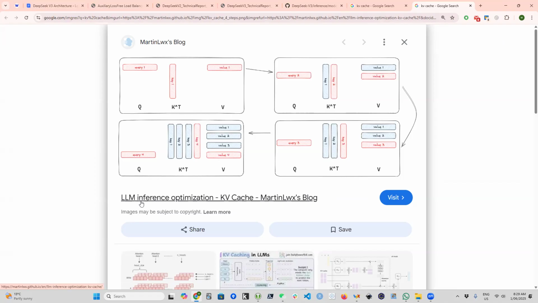Let's treat one word as one token for now. Then in the second step, when we say "inference," it dots with the keys for "LLM" and "inference," and the values are also "LLM" and "inference." And then the third one.